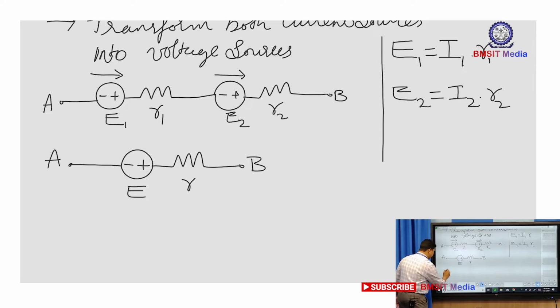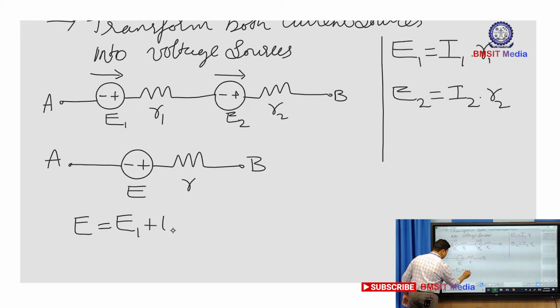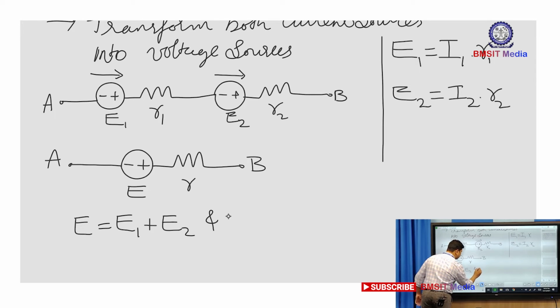So here E is equal to, the direction of both E1 and E2 are the same, therefore E is equal to E1 plus E2. If the directions are opposite, then it is the difference of E1 and E2, and R is equal to R1 plus R2.